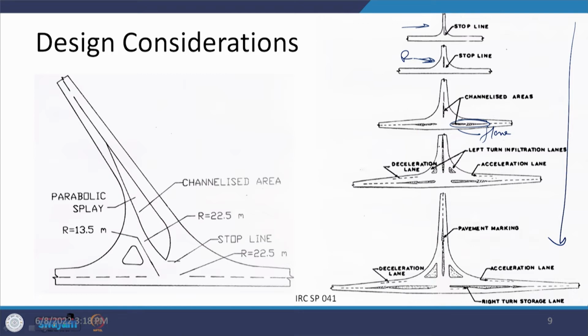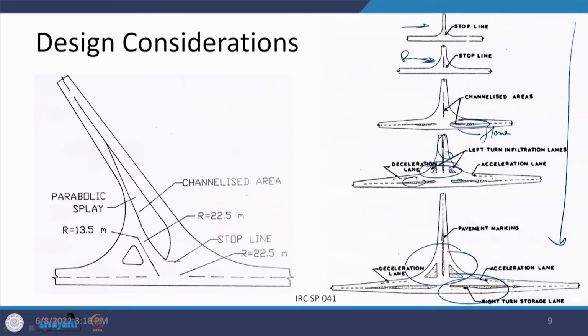Then we found the divisional islands have also been provided with corner islands, so that the left turning traffic and the through traffic get segregated. And then finally, when the traffic is quite high, we are also looking at the right turning traffic requirements at this particular location, along with the size of the islands, because this is continuously increasing.